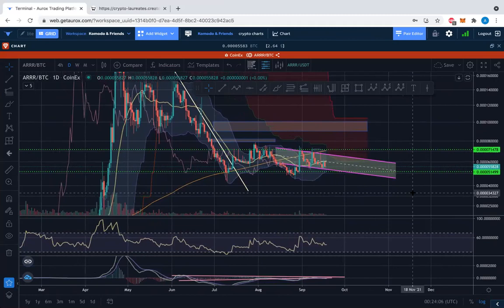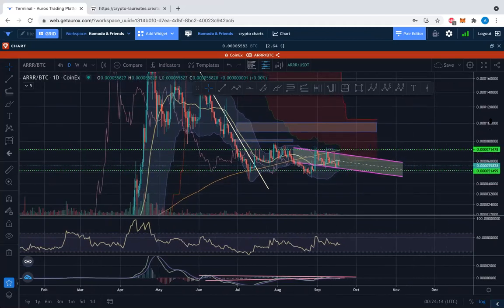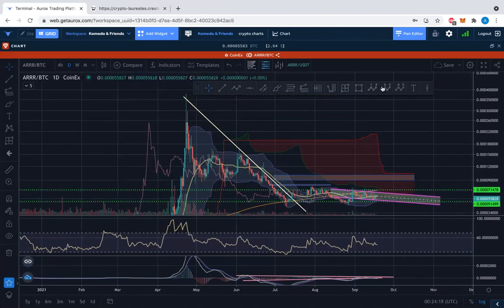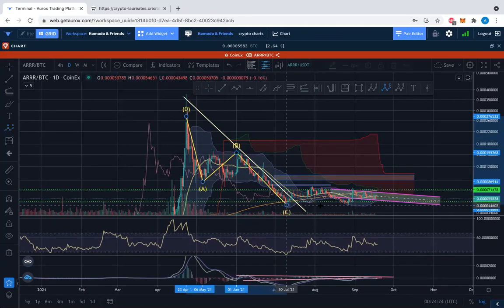Okay, so what's going on here? Two ideas. The two ideas are coming from this channel that's building here. I'm pretty convinced we get our ABC pattern this way. And now we are furthering this corrective action.